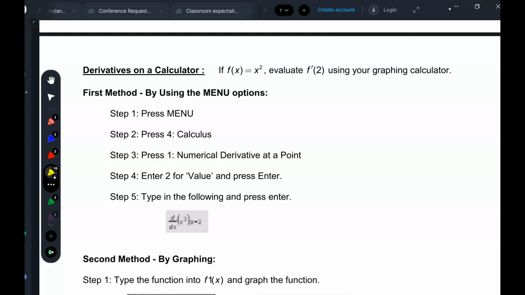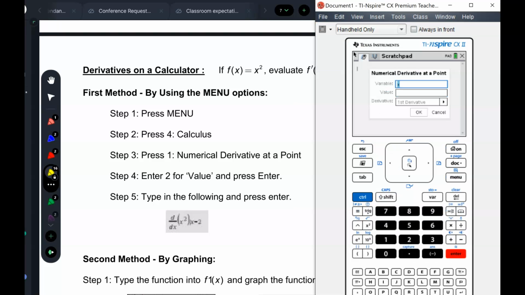Calc. Yeah, perfect. dy dx. Okay, did we get that? Plug in 2.